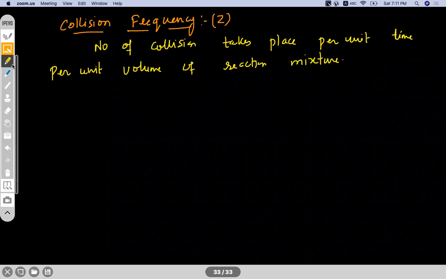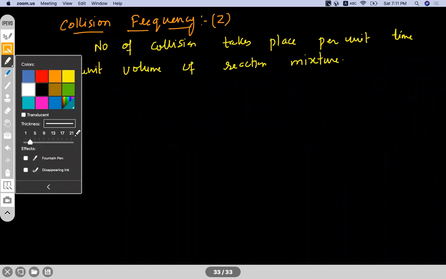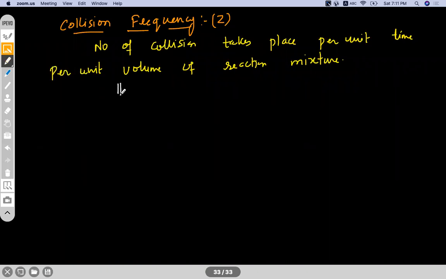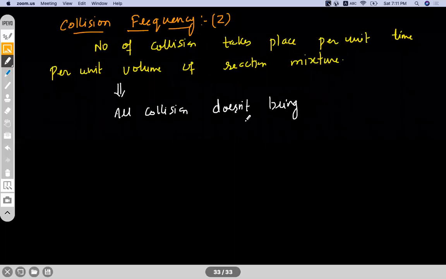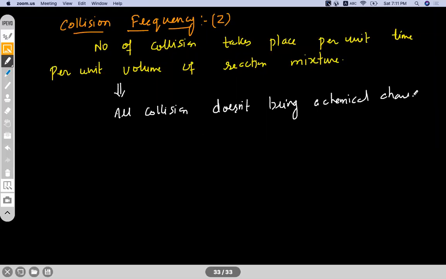Next, write down: all collisions do not bring a chemical change. Chemical change means formation of product.